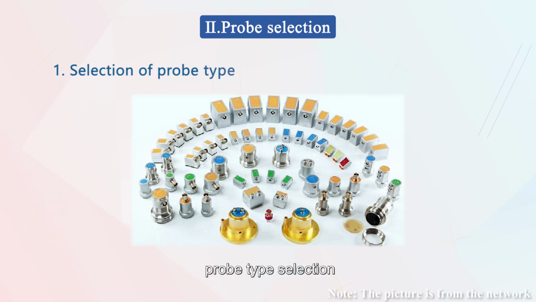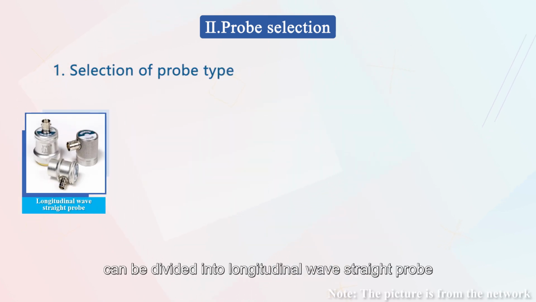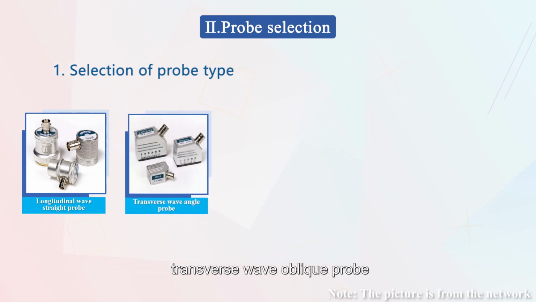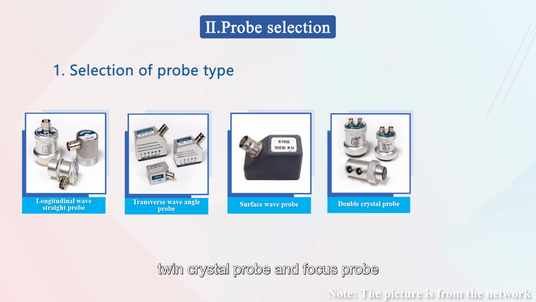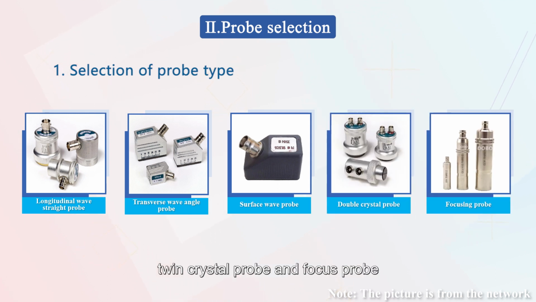Probe selection. First, probe type selection. Common probe types can be divided into longitudinal wave straight probe, transverse wave angle probe, surface wave probe, twin crystal probe, and focusing probe.